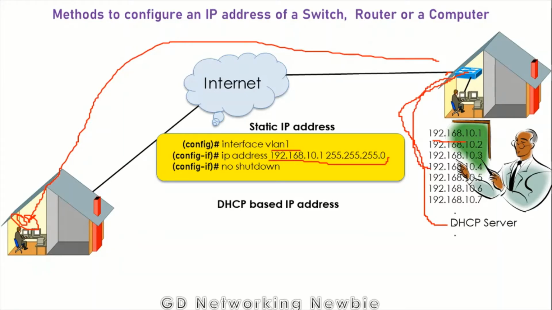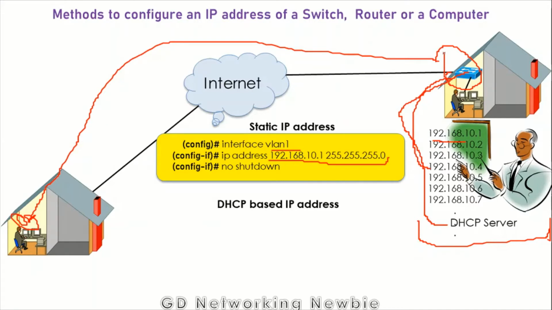So this is DHCP. We are going to learn the second method, that is, how to configure the switch to request an IP address from the DHCP server. We are not discussing this part of the scenario. We will discuss only the client side of this situation.